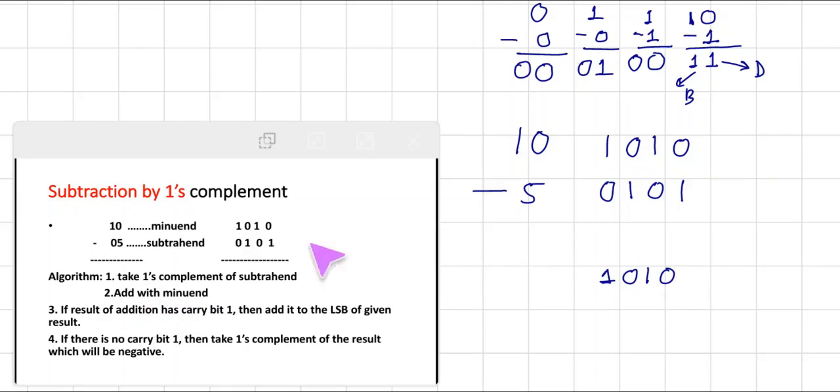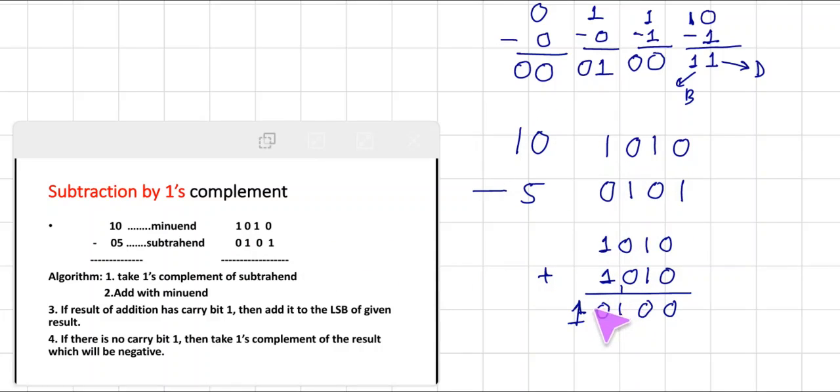Second, add it to the minuend. The minuend is this number, 1 0 1 0. We have to add this number. When we add, 0 plus 0 is 0, 1 plus 1 is 2, that means here it is 0 and carry 1, then 1 plus 1 is 2, that is 0 and carry 1. Here we have taken the minuend directly and the 1's complement form of the subtrahend, and added them in order to get the subtraction.